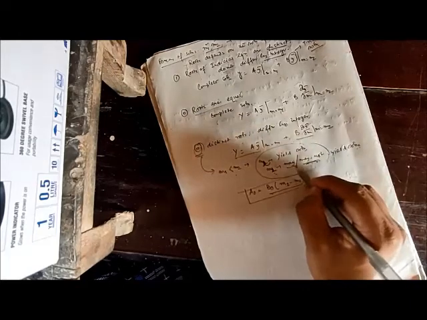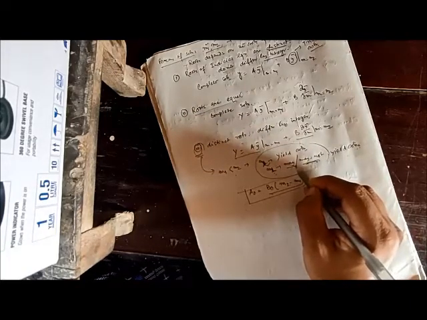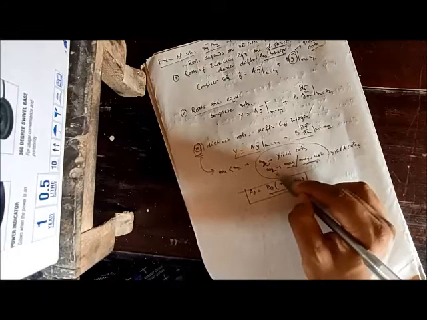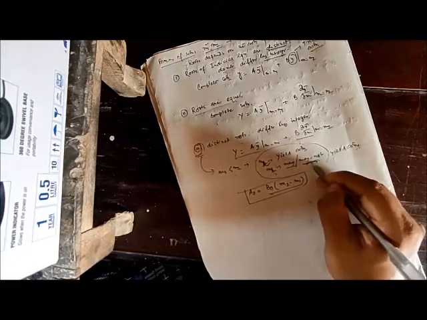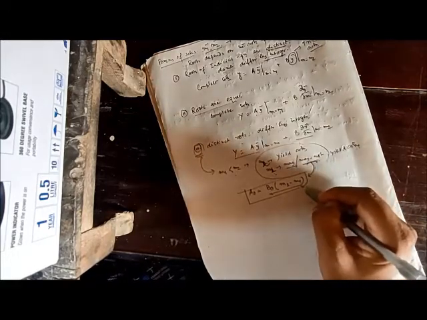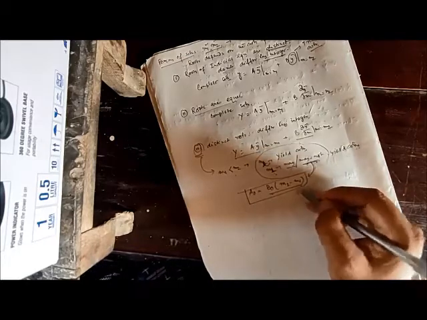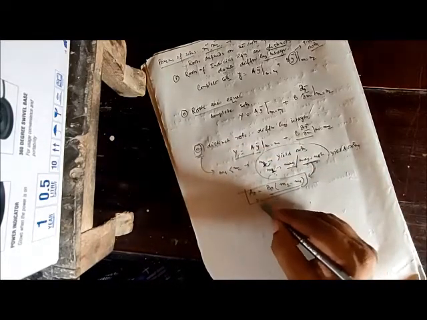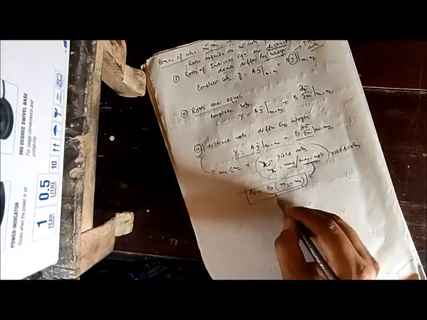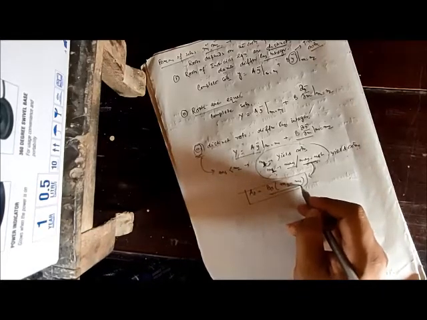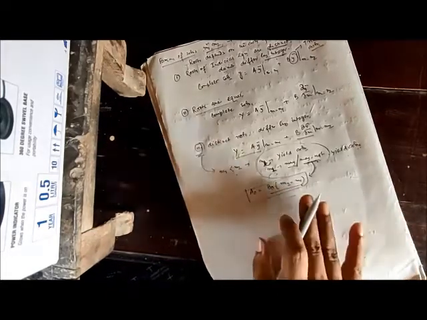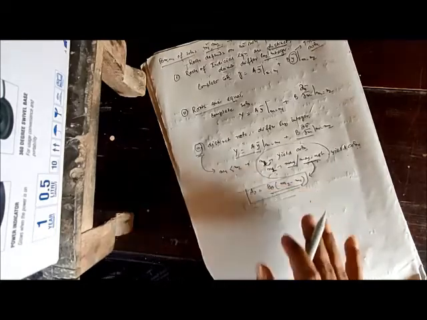If it may yield the solution, then there is no problem. But if m1 may not yield the solution, then we have to choose a special relation between a0 and b0, that is a0 equal to b0 times m2 minus m1. So in this way you will get the solution.